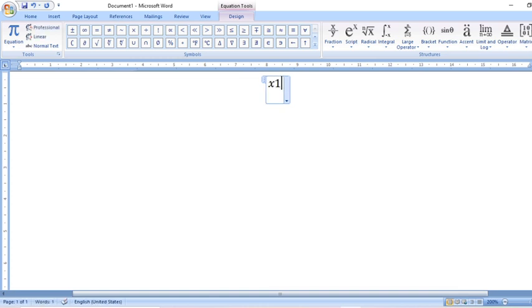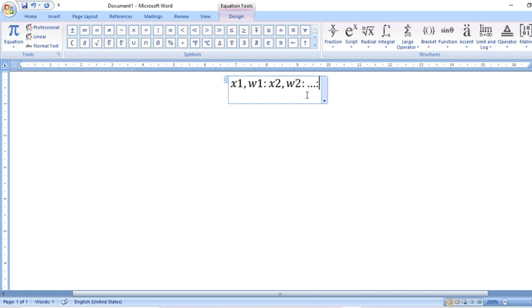X1 is the first observation and W1 is the weight associated with the first observation. Then X2 is the second observation and W2 is the weight associated with the second observation, and so on.